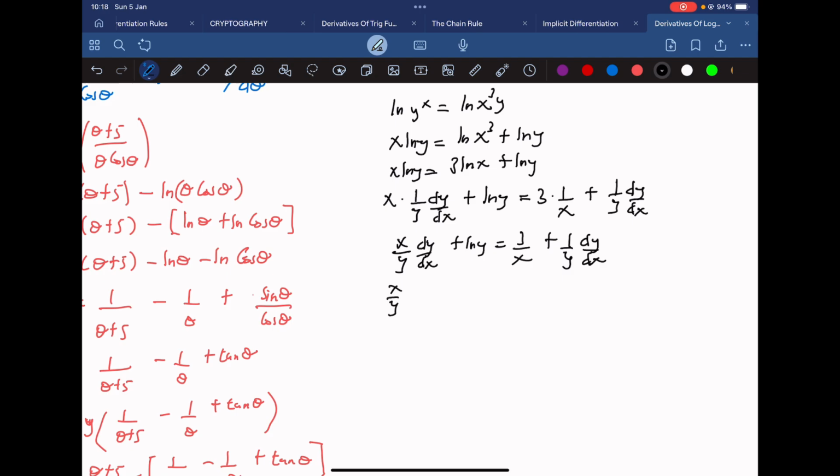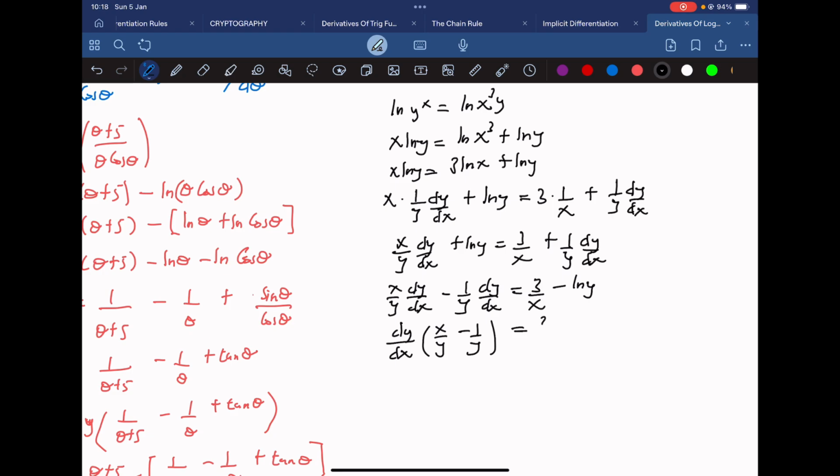If I do that, since it is positive on the right hand side, if it crosses it becomes negative. Then I have 3 over x. If I send ln of y to the right hand side, it also becomes negative over here. So all that I have to do is to factorize dy dx out, bring it out. And then over here I just have x over y minus 1 over y.